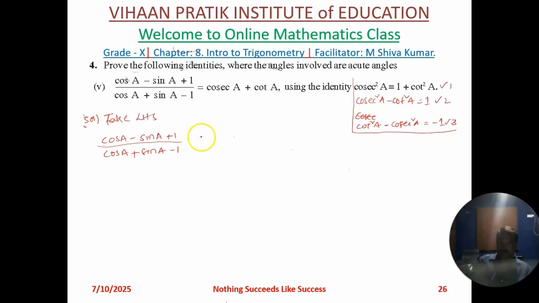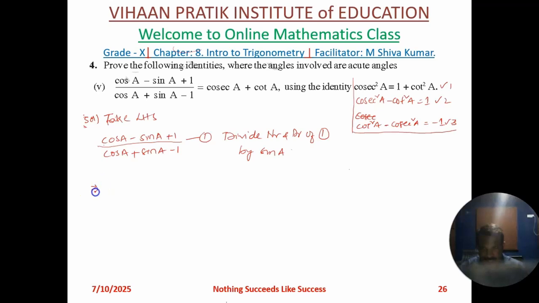So what we do, we'll consider this equation and we'll divide the numerator and denominator by sin A. That's it. Very simple.